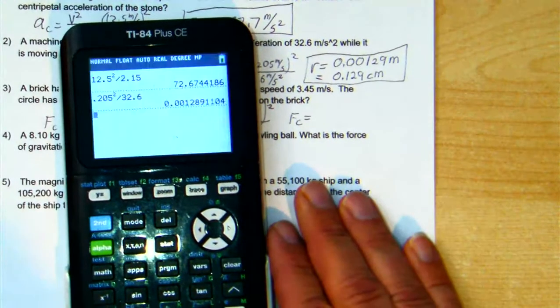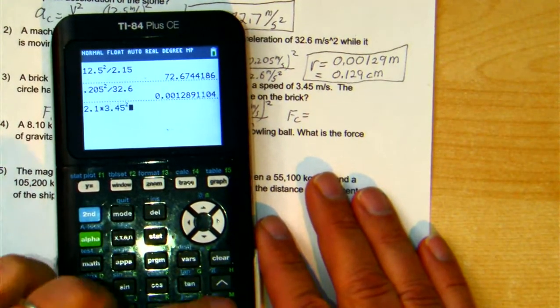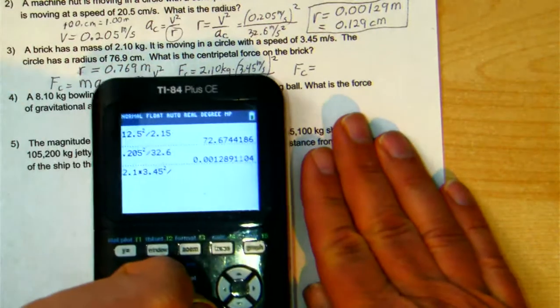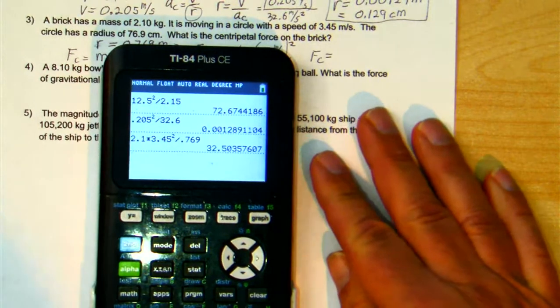So 2.1 times 3.45 squared divided by 0.769, enter, and it says 32.5.